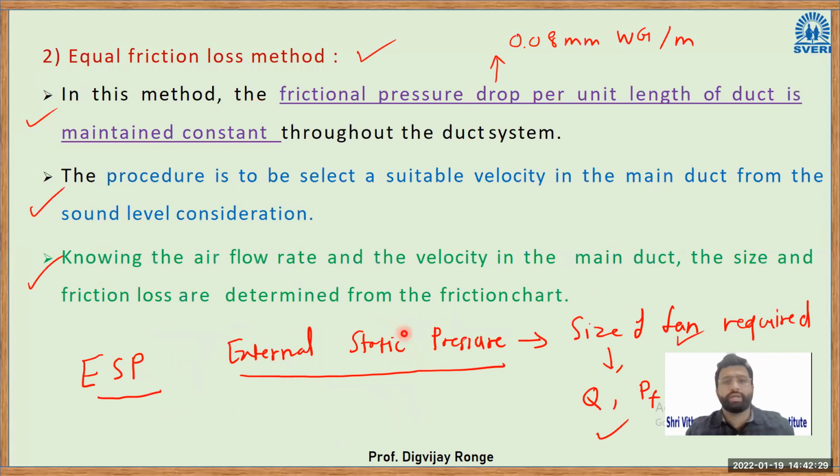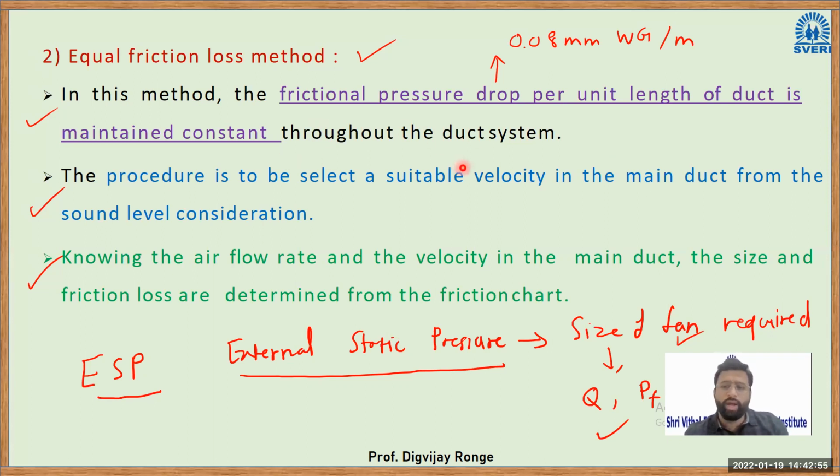Next is equal friction loss method. Generally this is not preferred in main calculations. People go with static regain or velocity reduction method, but we'll see it for the theoretical part. In this method, the frictional pressure drop per unit length of the duct is maintained constant throughout the duct system.